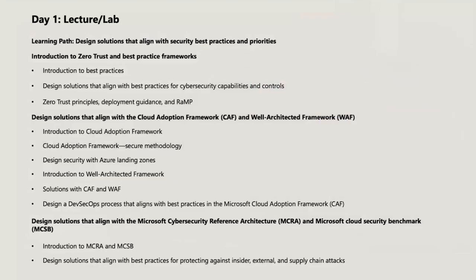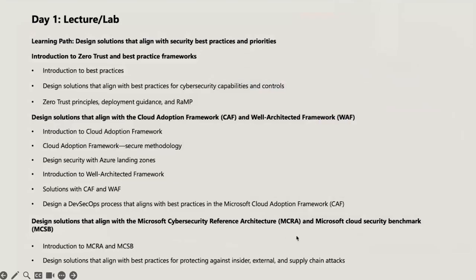You answer a set of questions, and then it gives you a report on what is missing and what you can configure to enhance security. Not only for security, the Well-Architected Framework is designed for 5 different pillars, including cost optimization, operational excellence, and security is one of them.